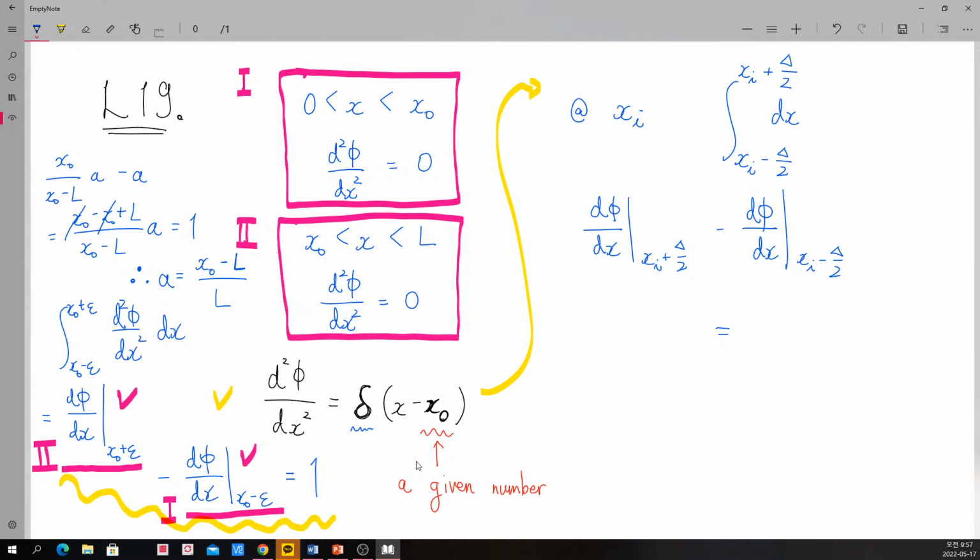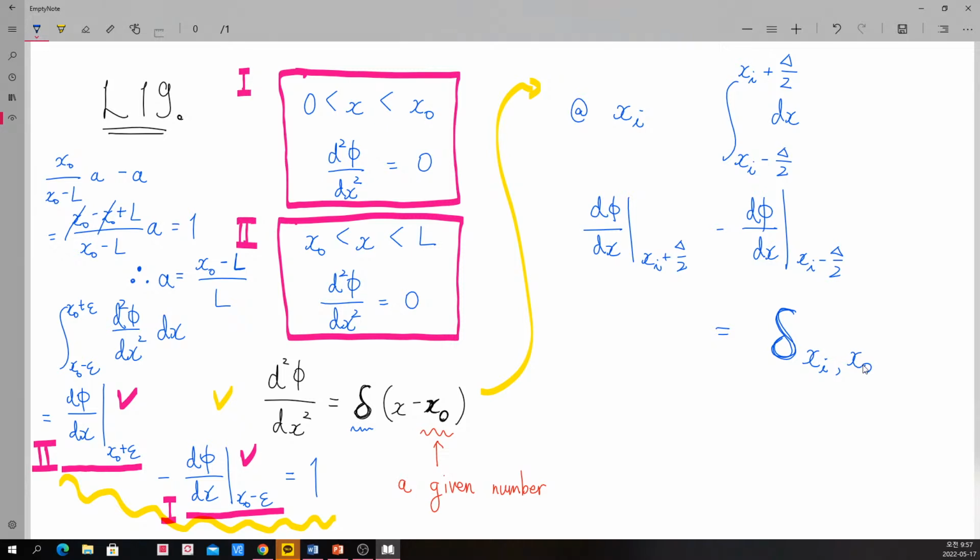If that is not the case, so your integration range does not contain the x naught position, then of course you will have just 0. So instead of this Dirac delta, now you have the Kronecker delta. Simply speaking, now you have something like this, x sub I and x naught. Of course, you have to understand the difference between Dirac delta and Kronecker delta.